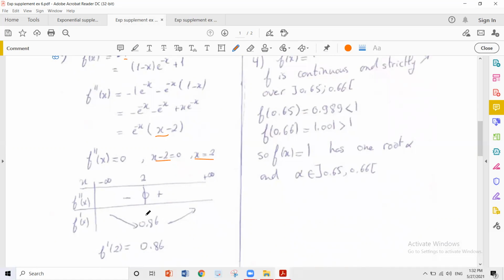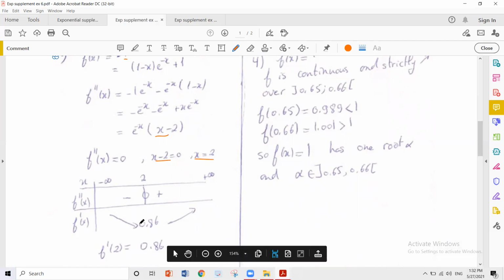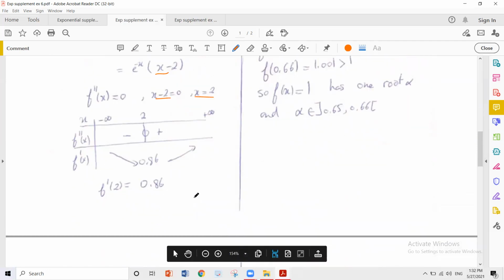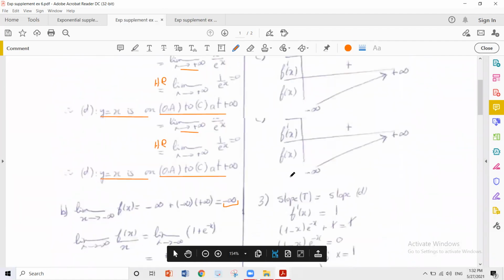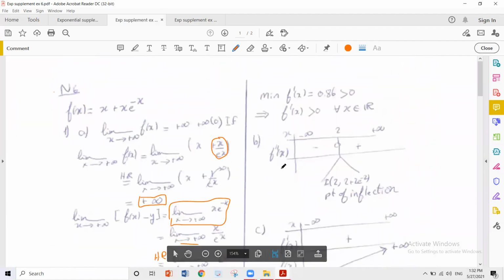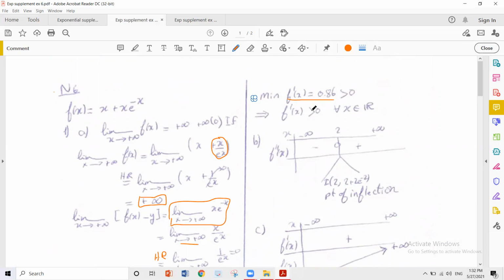Now we have to deduce that f prime is positive. The minimum of f prime(x) is 0.86, which is positive, so f prime(x) is greater than 0 for every x belonging to R.